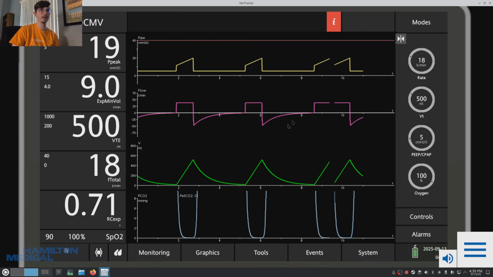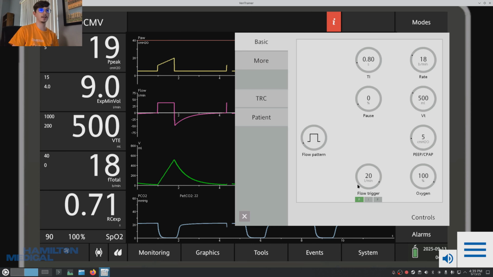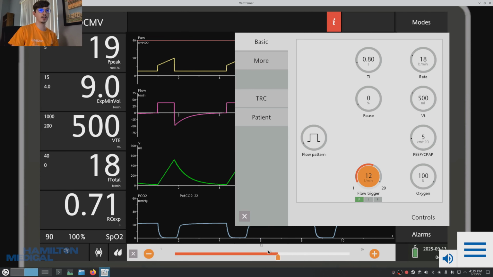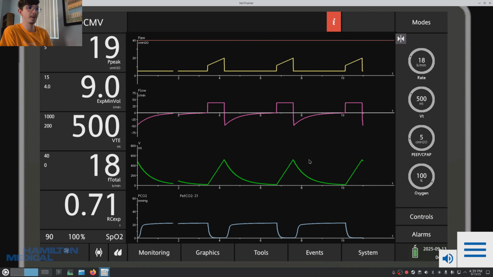Could you imagine? The patient would be trying to pull a breath and not able to, basically. So the way you fix that is you adjust your trigger. Switch to a flow trigger if you're not already on one. If you're on pressure trigger, it's also harder for the patient to trigger. So switch to flow trigger first, and then turn the flow trigger down a bit more.